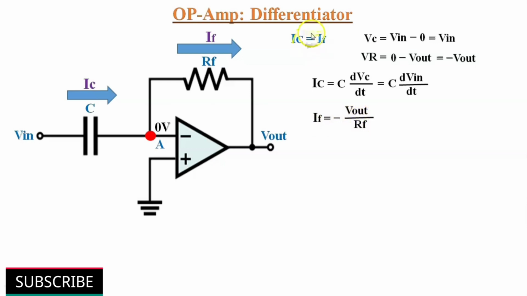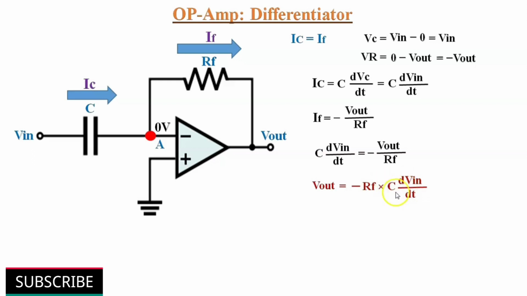Because input current IC equals feedback current IF, these two expressions are equal. That is C dVin by dt equals minus Vout by RF. So we can write Vout as minus RF multiplied by C dVin by dt.